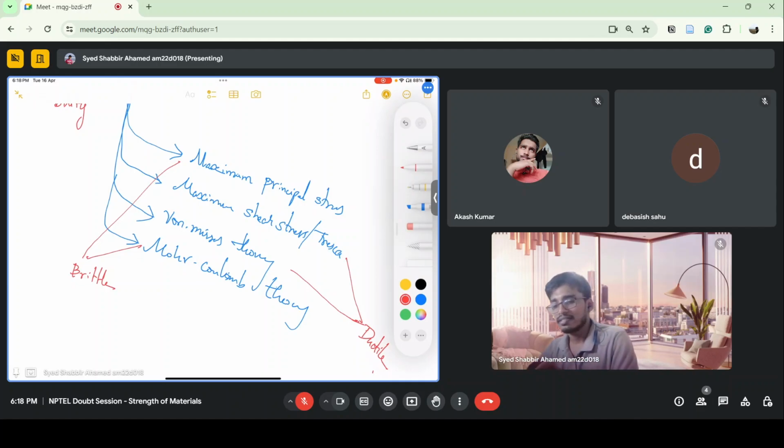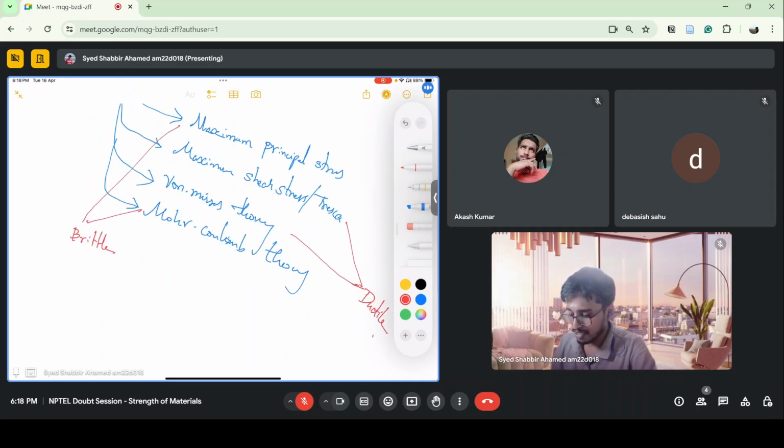These things you can learn even more when you go to your advanced courses, maybe in design parts like machine design, if you are from mechanical engineering.